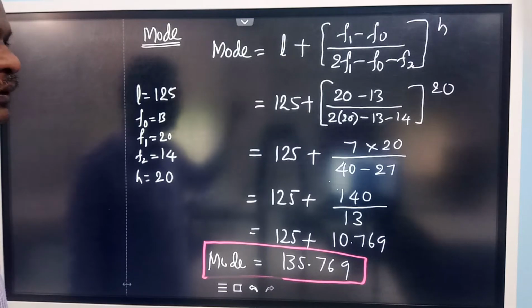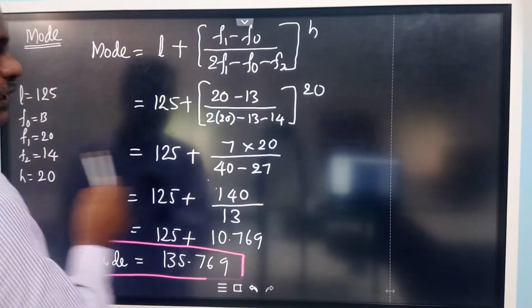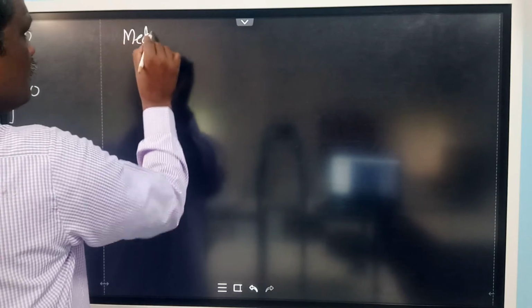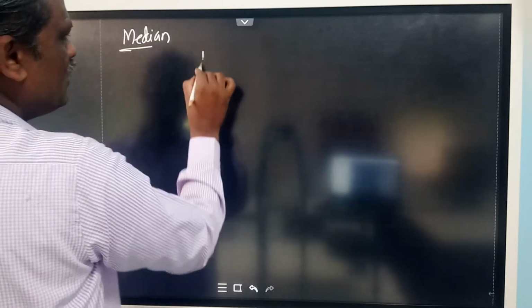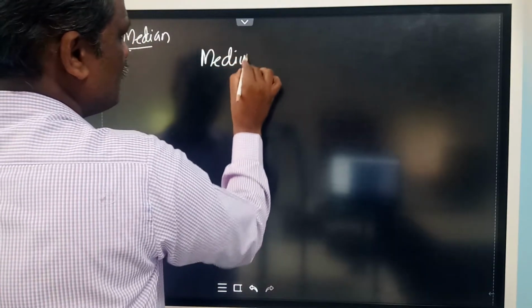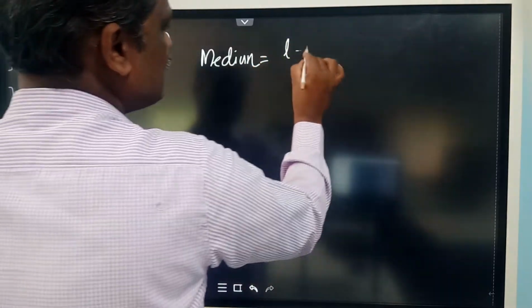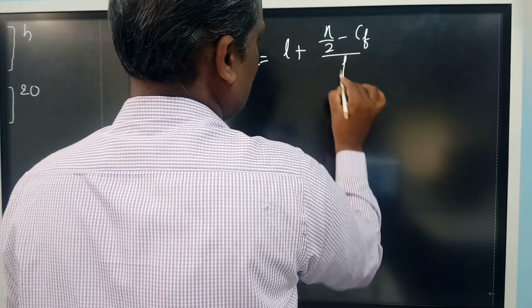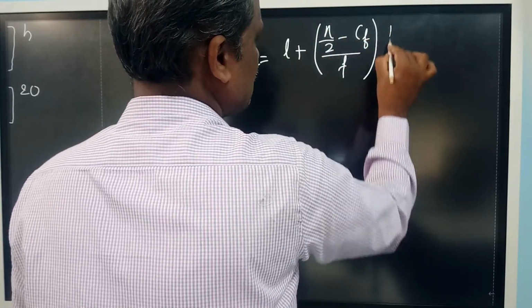So let us go to the next type, the median. So we will calculate the median. How to find the median, let us see. The formula to find the median is L plus (n by 2 minus Cf) divided by f into h.